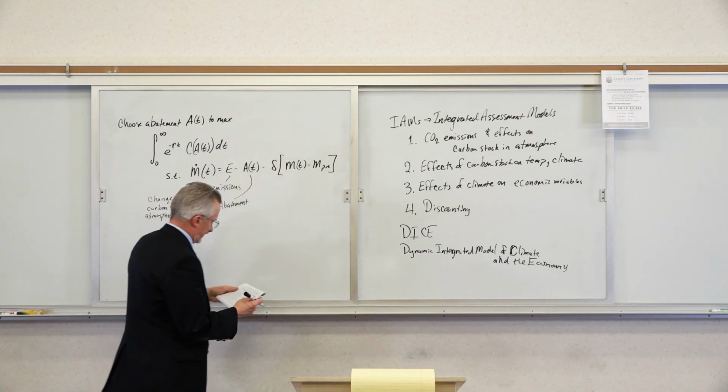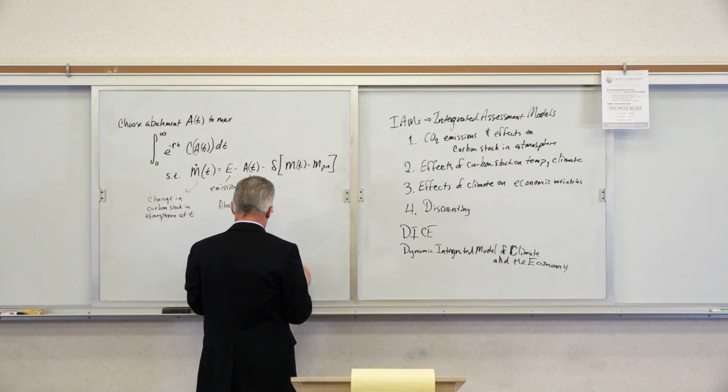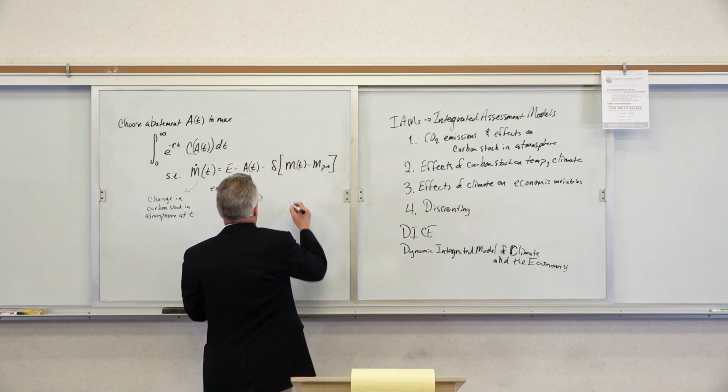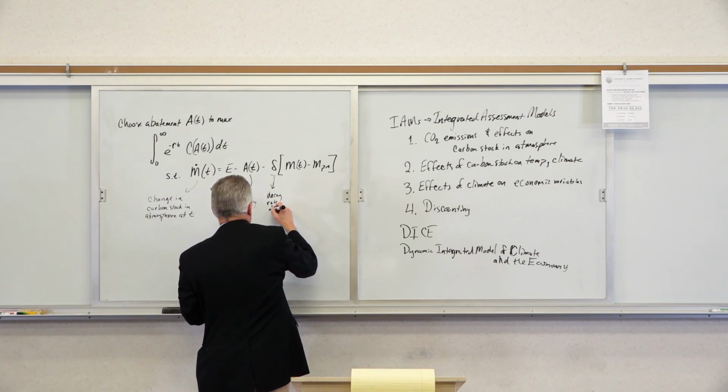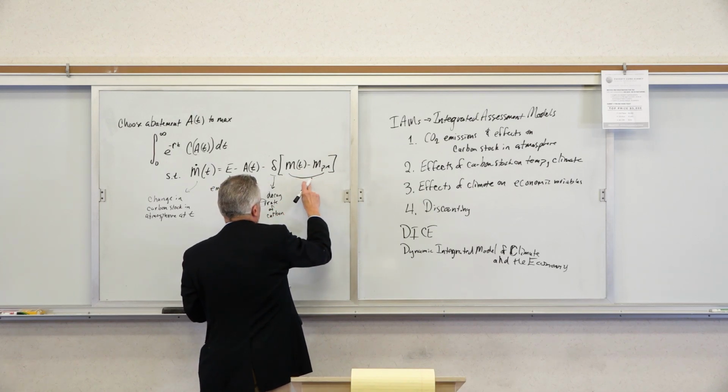Okay, good. And then we have delta. This whole thing will be the decay of carbon in the atmosphere. And this, as we'll see, is the excess carbon.